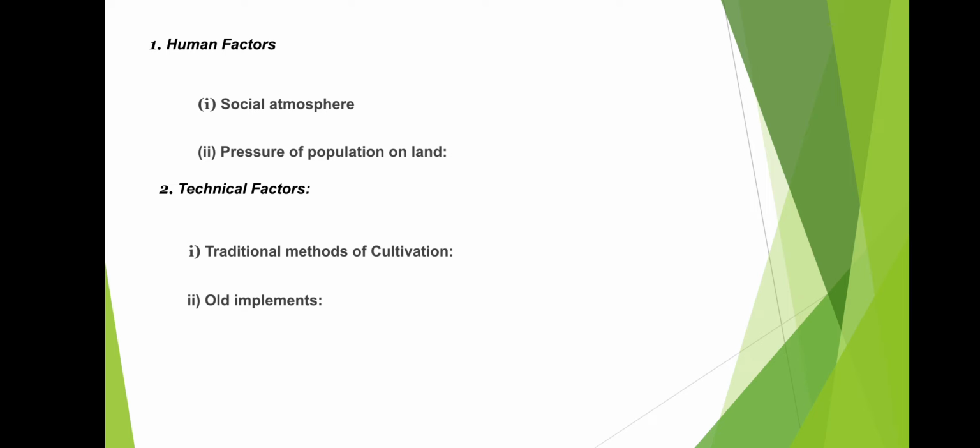When India became independent, the population was less and the land for cultivation was more. Now, at present, around 58 crore people are still engaged in agriculture.